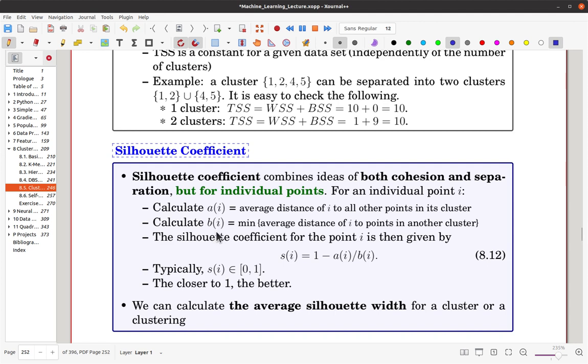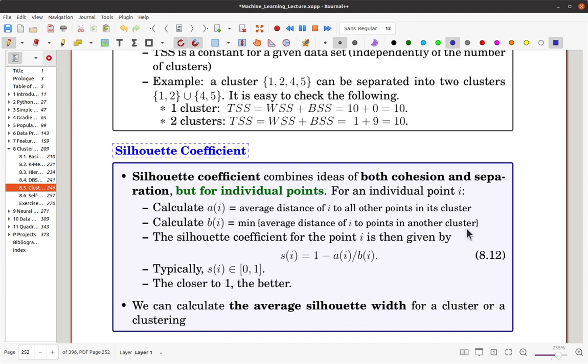Next we'll compute b_i. For the ith point, we measure the average distance to the points in another cluster.